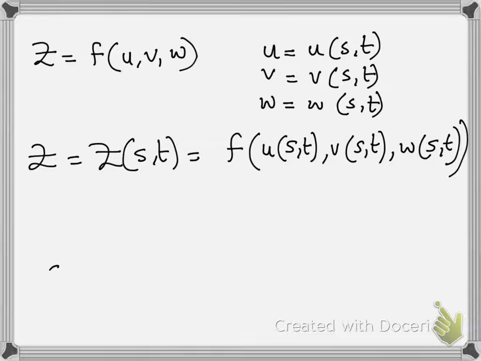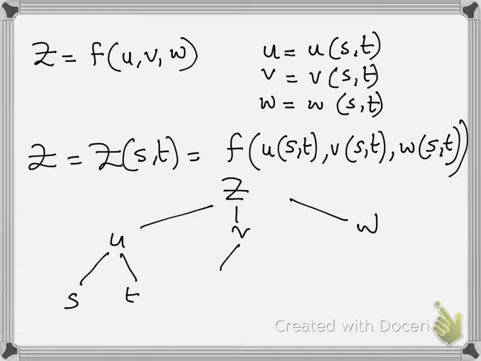Okay, so let's draw this tree here. We said that z is a function of three variables, so you have u here, and then v, and then w, right? Now u itself is a function of s and t, v is a function of s and t, w is a function of s and t, right?